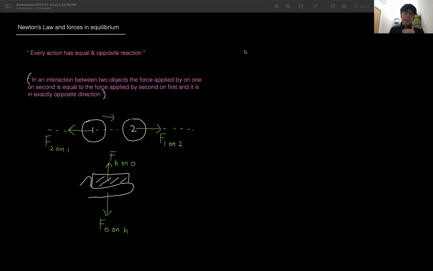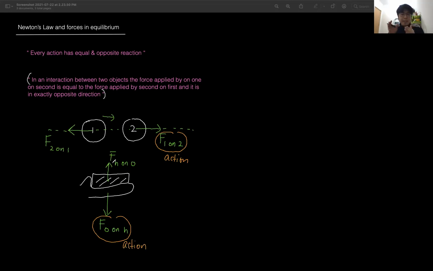Now, the action and reaction pair. Action is the force acted by the first object. When I hit the wall, my fist is the first object. I hit it, that's the action force. In the ball case, the action would be F1 on 2. In the hand example, the weight of the object pressing my hand is the action force.